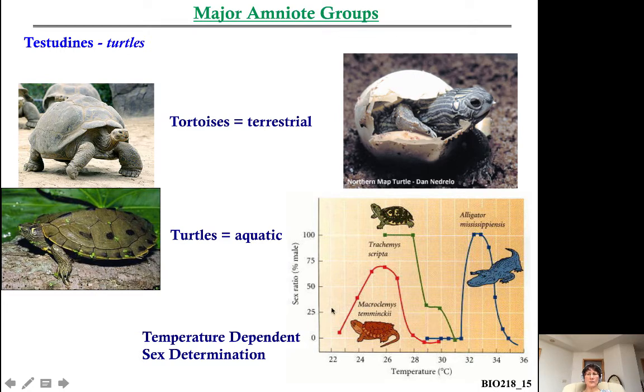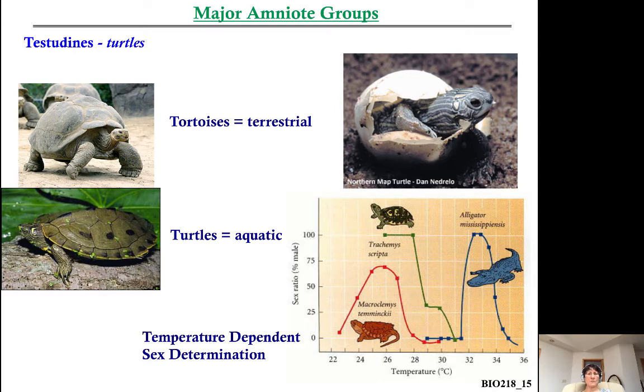So this is common snapping turtles, and this is river turtles. And what you can see here in this graph, so forget about the crocodilians for now, what you're seeing on this axis is the sex ratio, so the percent male. So at what temperature do you get 100% males, let's say, or majority males? And then at the lower temperatures is when you'd get primarily females.